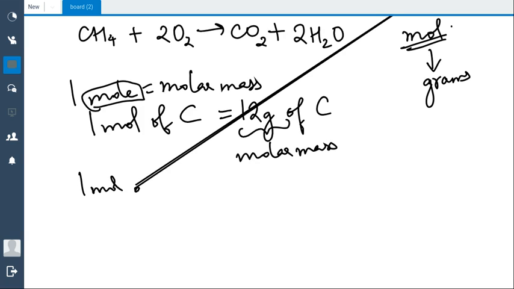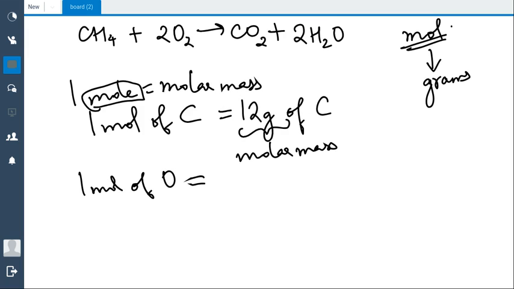If I say 1 mole of oxygen, if I write only O, then it will be equal to, what is the molar mass of oxygen? 16 grams of O. 16 is the molar mass.